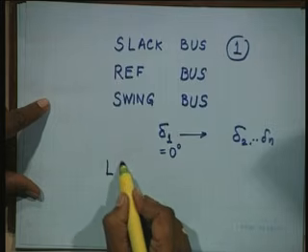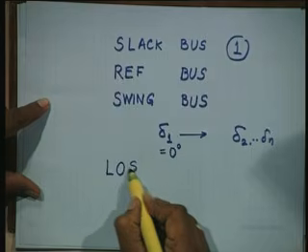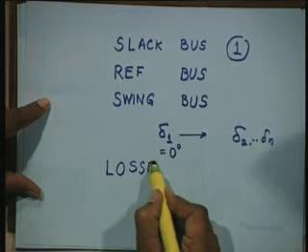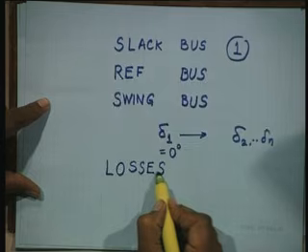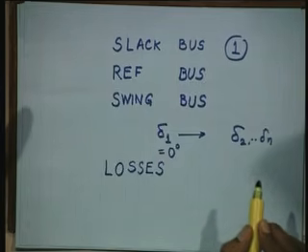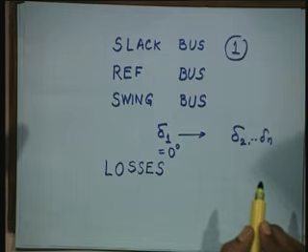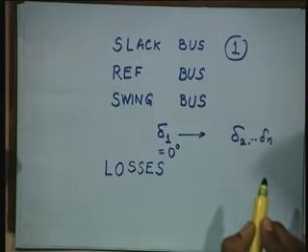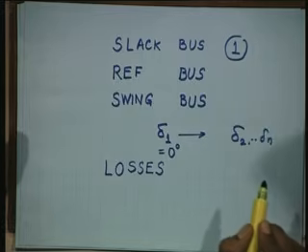Second thing, the losses. Losses are not known till the end of the solution. So you have to have a bus, preferably the largest unit in a system, preferably located centrally, not necessary.